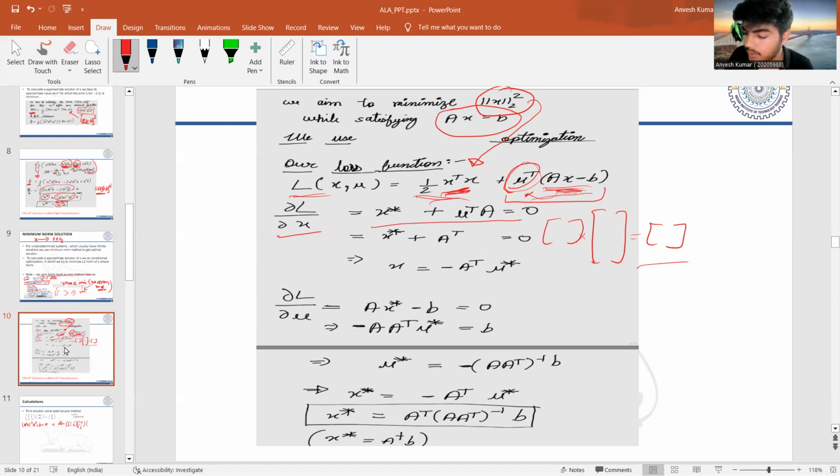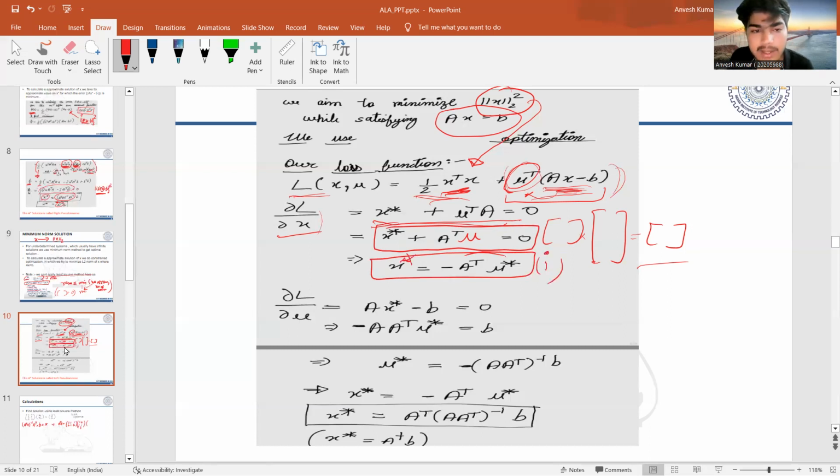So we take the transpose of this and then differentiate with del L by del x. Without taking the transpose, our equation was this. If we take the transpose of the whole equation and then partially differentiate with respect to x, we will get x star plus A transpose mu. So this will be our equation, and x star will come out to be minus A transpose mu star. So this is our first equation.